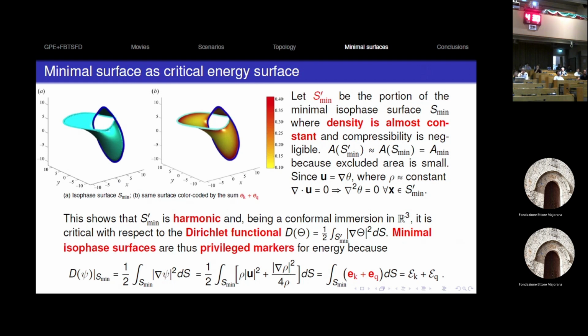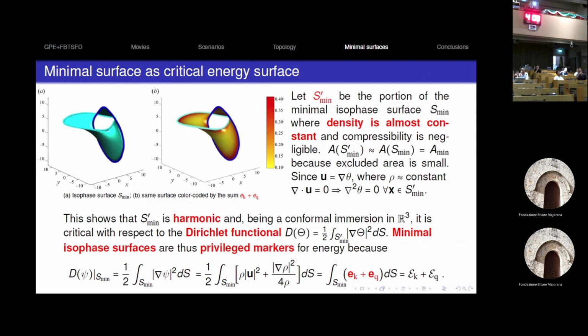Now if you consider neglecting a small region around the vortex where density changes very quickly, you end up with a region which we call S prime minimum, which is the part of the minimum surface where density is almost constant. Then we know that from the continuity equation, if density is almost constant, then the velocity field is divergence free.